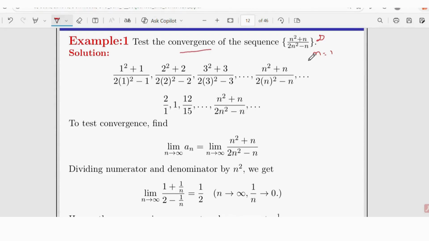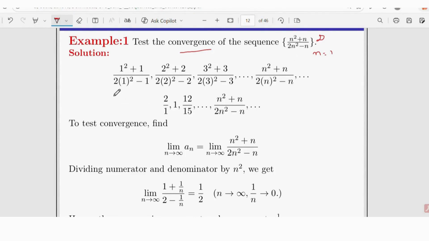Okay, so now to check whether the given sequence is convergent or not, first we should check the terms of the sequence. So now put n equal to 1, n equal to 2 in this nth term of the sequence and find the terms of the sequence. First put n equal to 1.